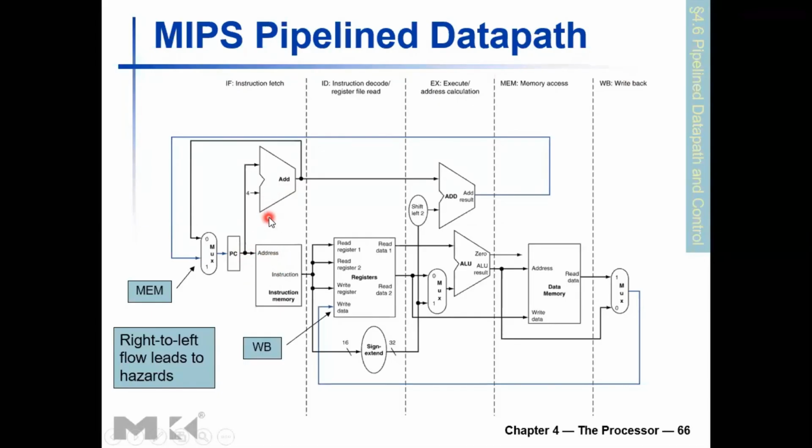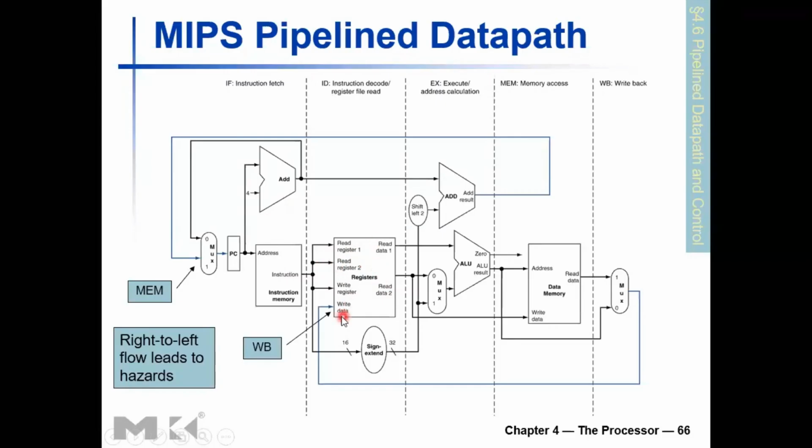And the second stage, instruction decode, is once the instruction is read and delivered to the CPU, if you will. Then what you do there is you read the register file for the corresponding register operands.